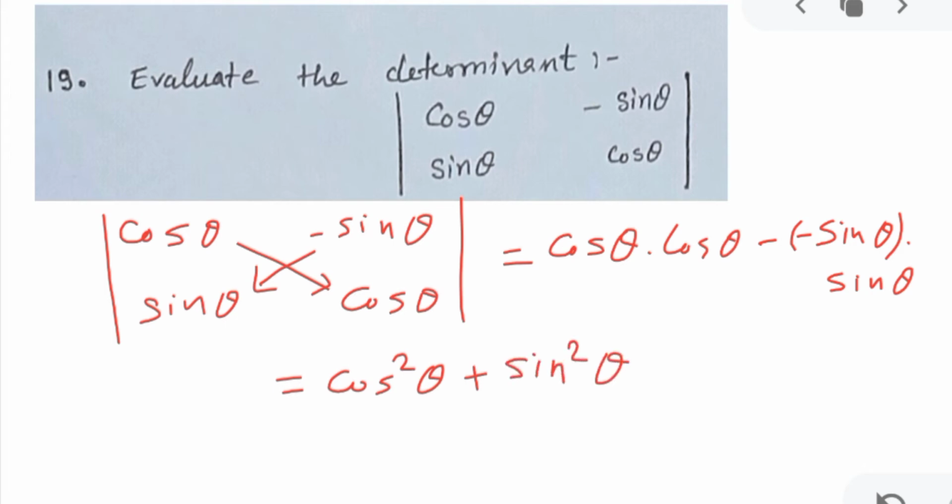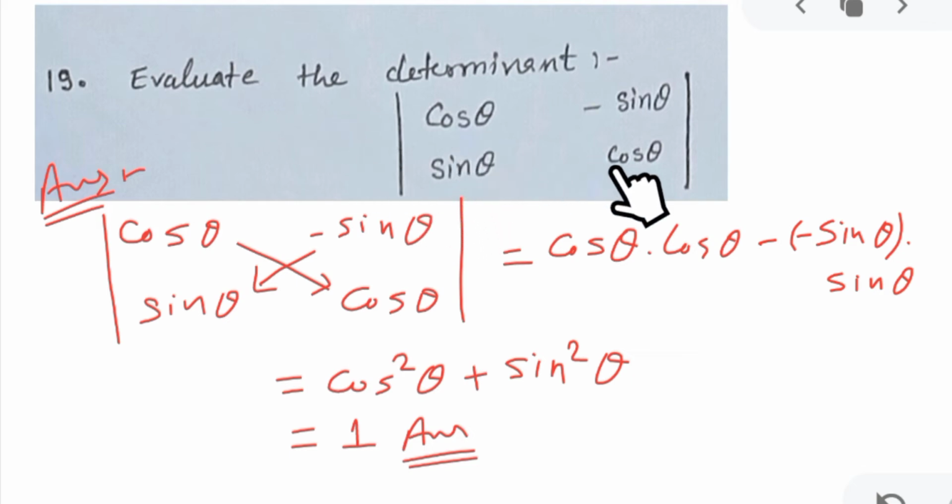Since we know from trigonometry that cos square theta plus sin square theta is 1, I will write 1, and that will be our answer. I hope this question is clear. This is a very simple 1 mark question. Cos theta into cos theta and minus sin theta into sin theta, so cos square theta plus sin square theta, we got 1 as our answer.